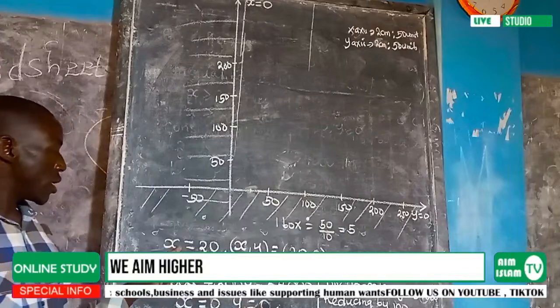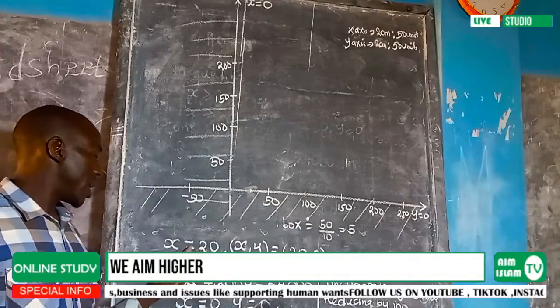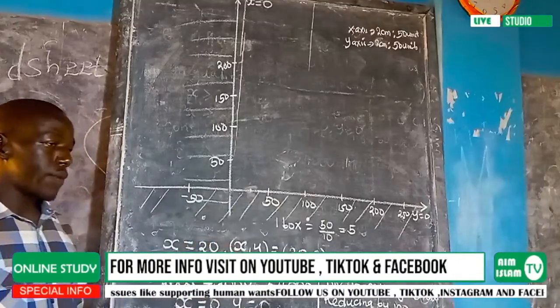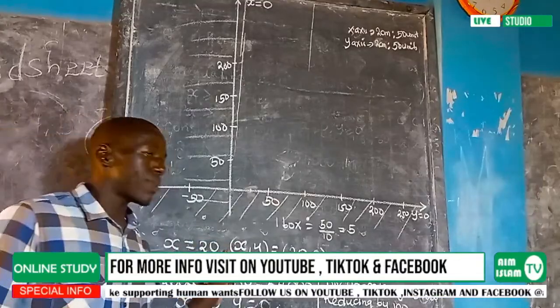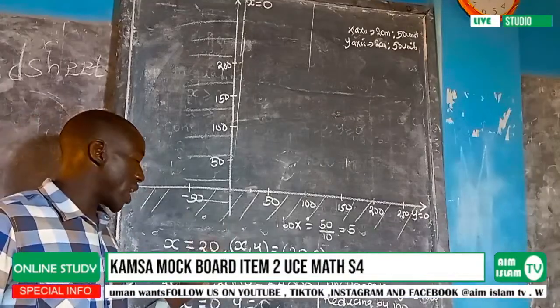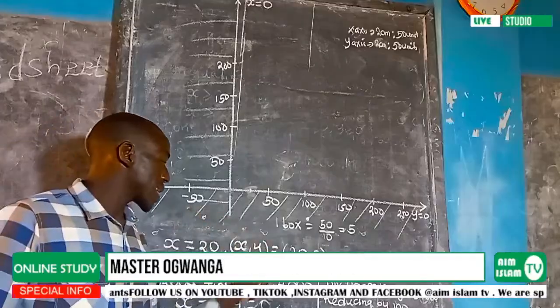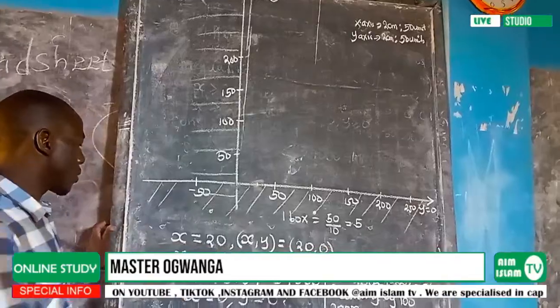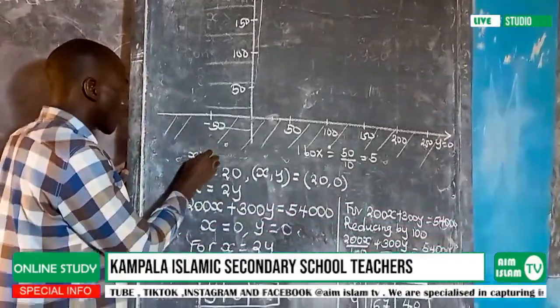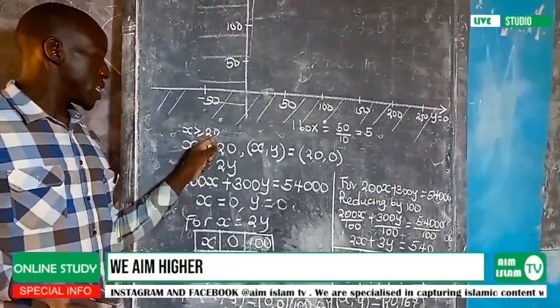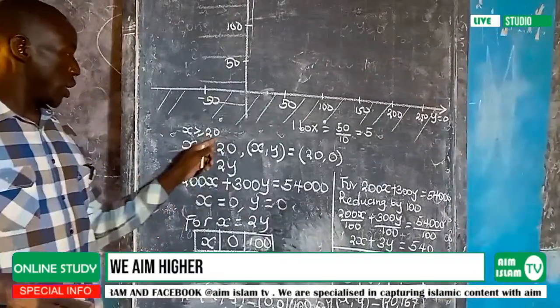My second point is coming from the line x equals 20. X equals 20, meaning our line should pass where there is 20 on the x-axis. But before we add this equation, it was given as x greater than or equal to 20, based on the inequalities.